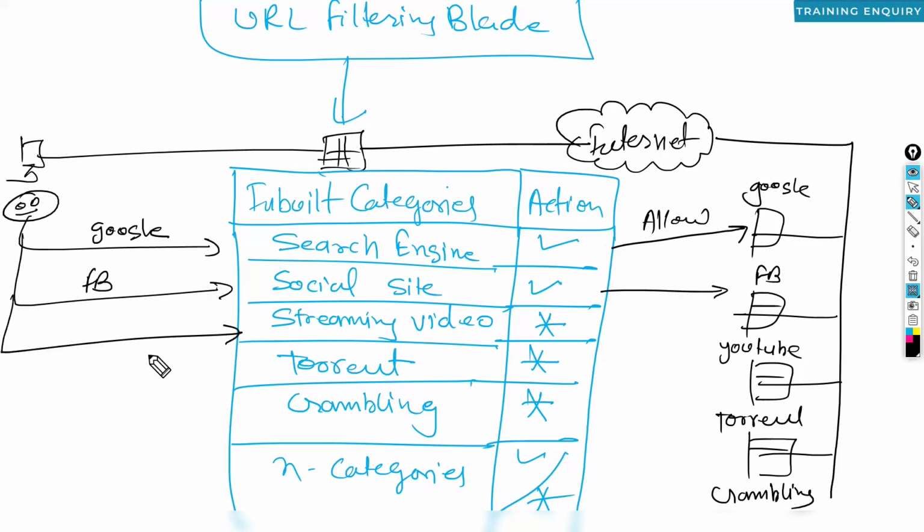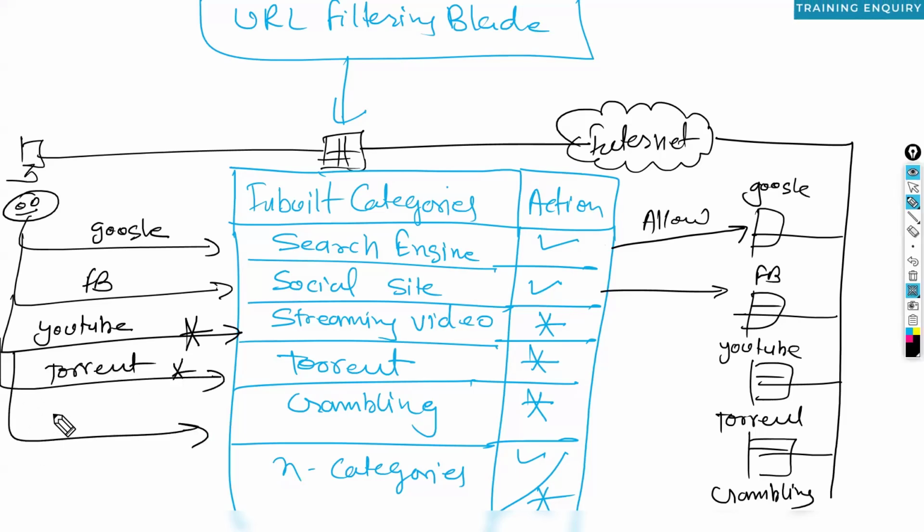But if the user says no, I want to communicate with YouTube, then according to policy, the request will be denied. If the user is trying to communicate with a torrent website, that will be blocked here. If the user is trying to access any gambling website, for example poker.com, that will be blocked here.